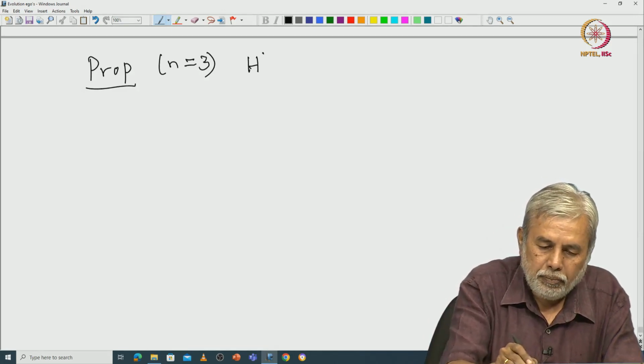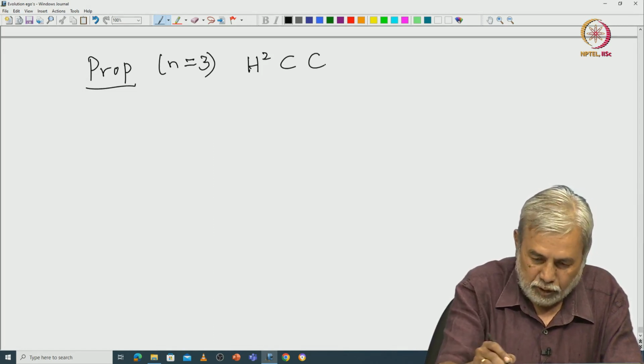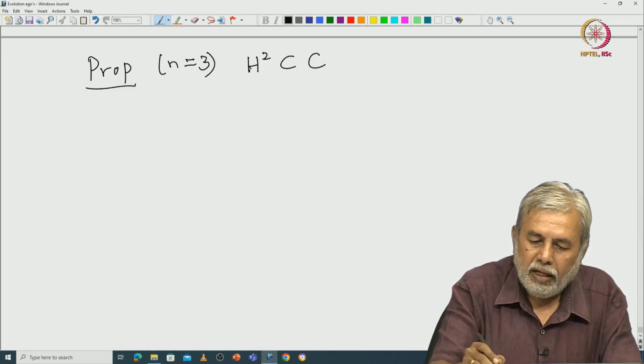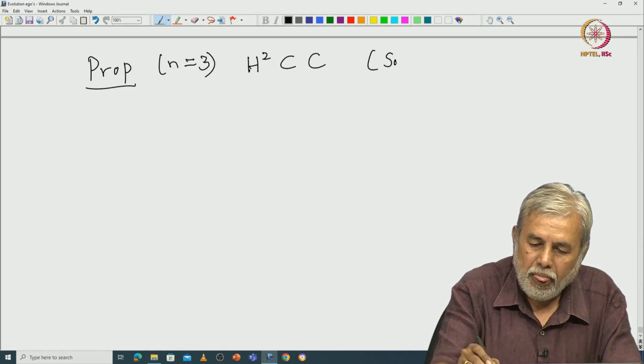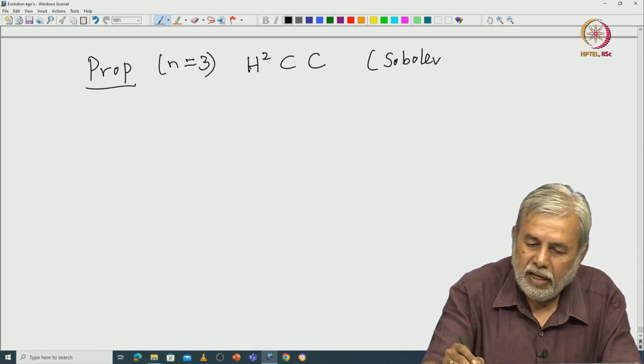H2 is contained in the space of C bounded functions. This is of course the Sobolev lemma, because we are in n equal to 3.